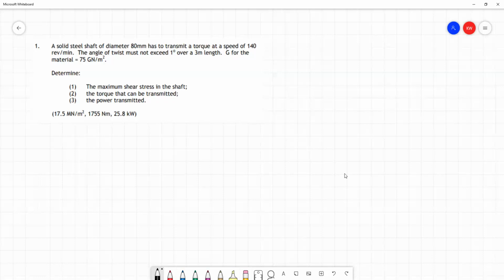However, we can take the same approach we would always do in such a question and begin by writing out the information we have. So we know that the diameter is 80 millimeters, and from that we can see the radius is, well, you would need to write this, but I'm being entirely explicit here, 80 divided by 2, which is 40 millimeters, and that of course is 40 times 10 to the minus 3 meters, or you could write 0.04 meters if you prefer.